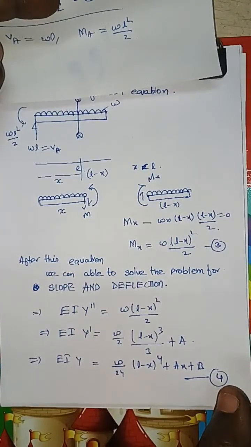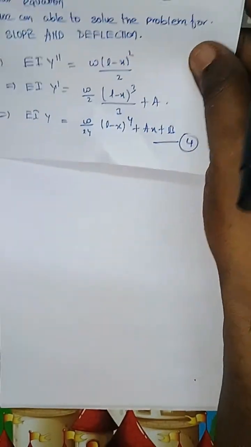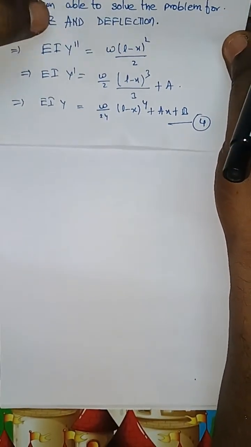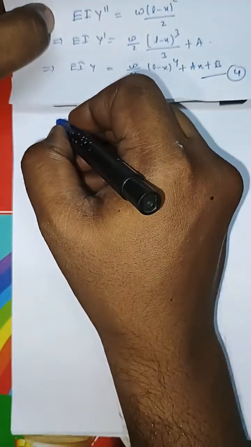Now the slope equation is this, and we can further derive as follows. How can we further derive?